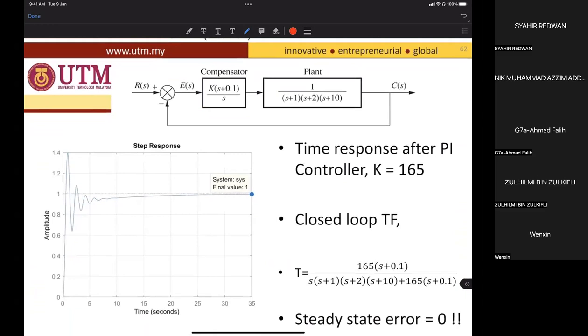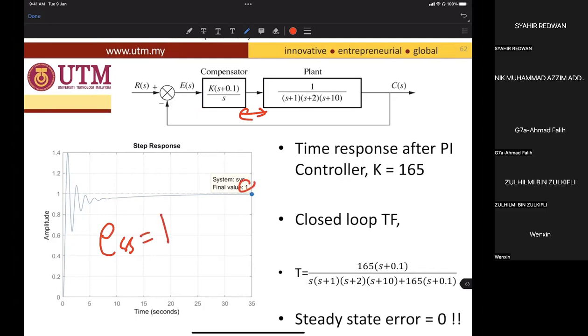And after we run the time response, with S plus 1, S plus 0.1 over S multiplied with the open loop transfer function, we multiply together, then we run the closed loop response, and we get the steady state error here. The final value is 1.